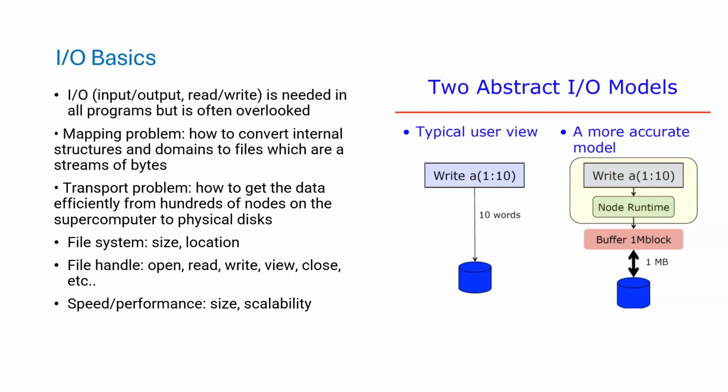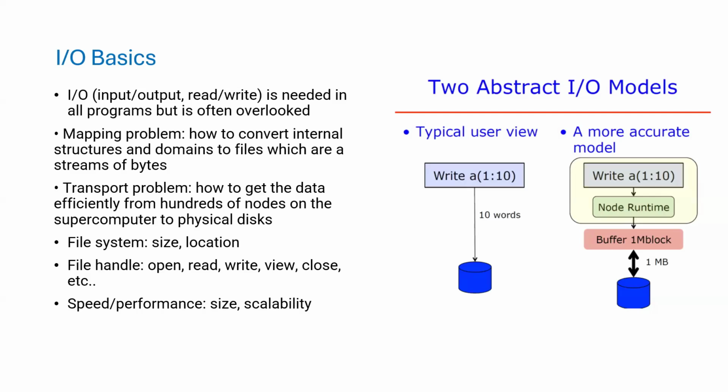So I/O stands for input and output, as we well know, and sometimes we may simply refer to it as read and write in a program. It is needed in all programs, but it's often overlooked. Basically, I/O deals with two problems.